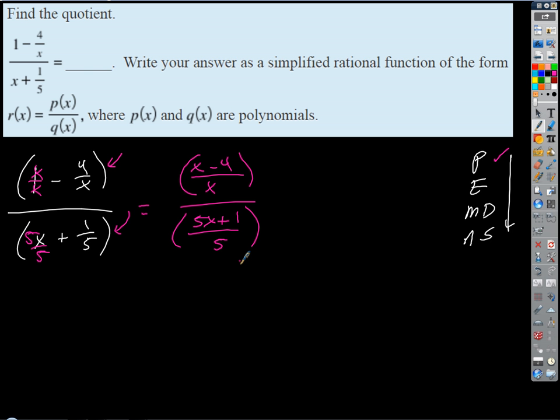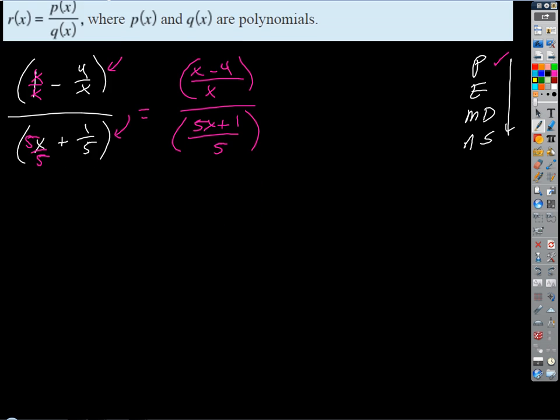And now what do? Flip and multiply. Okay, so we end up with x minus 4 over x times 5 over 5x plus 1.